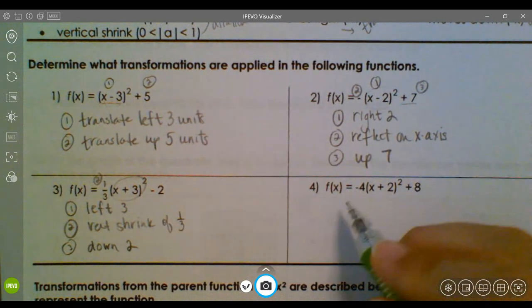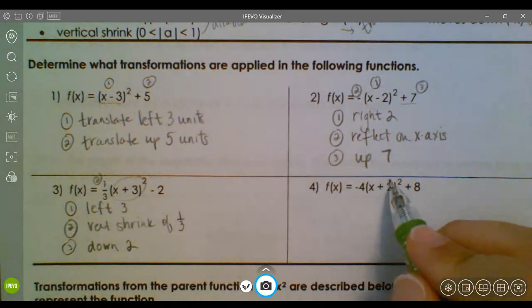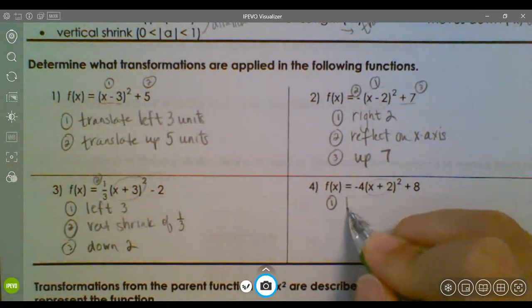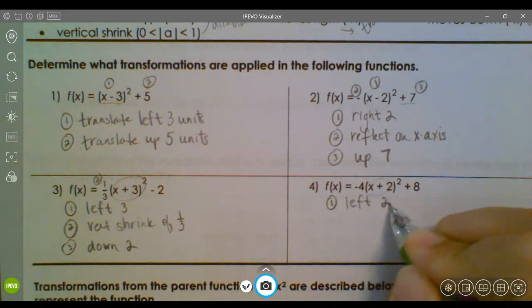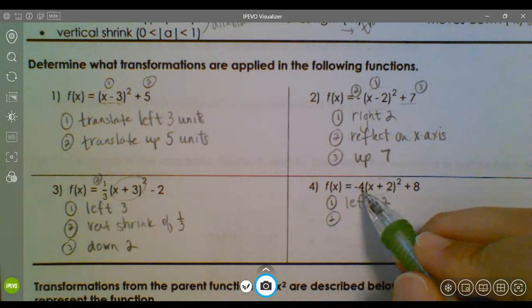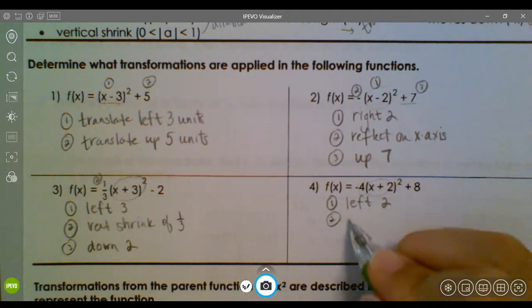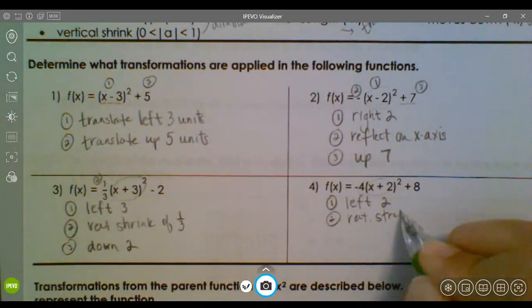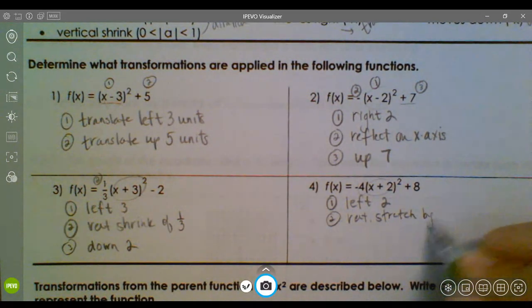And then, number 4. Number 4, we go inside first. They added x to 2. That says that we're going to go left 2 units. Then we're going to multiply by 4. So that is a vertical stretch by a factor of 4.